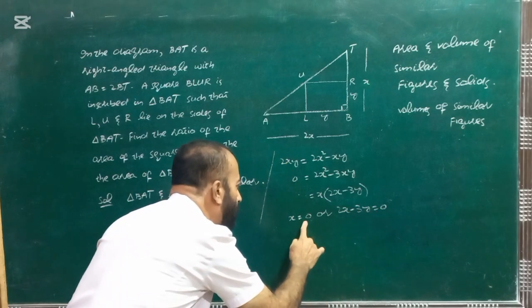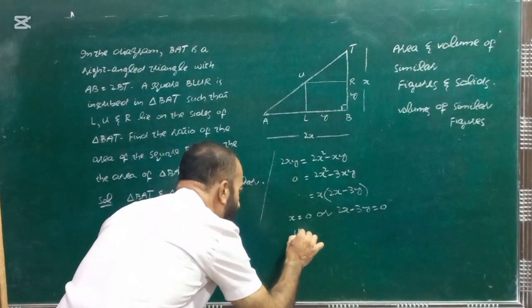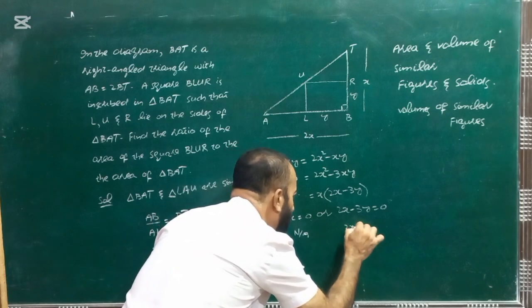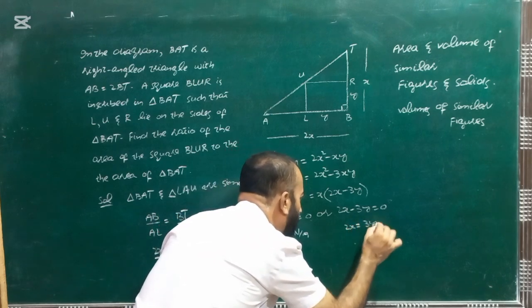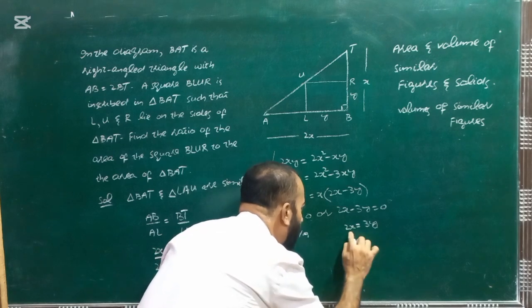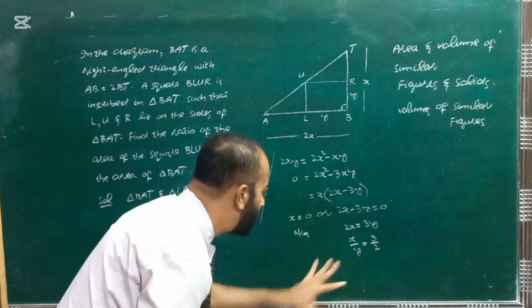So x cannot be equal to 0 because x is a side, so side cannot be 0, so this is not applicable. And from here 2x will be equal to 3y. So this y will come to the left hand side and this 2 will go to the right hand side. So x over y is 3 by 2.